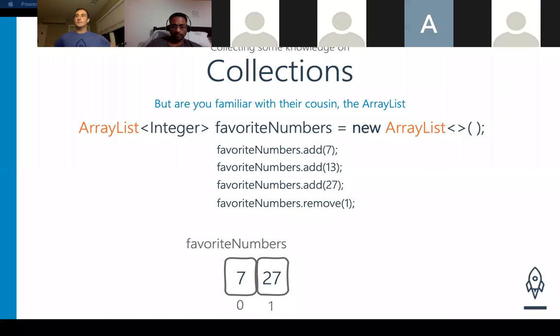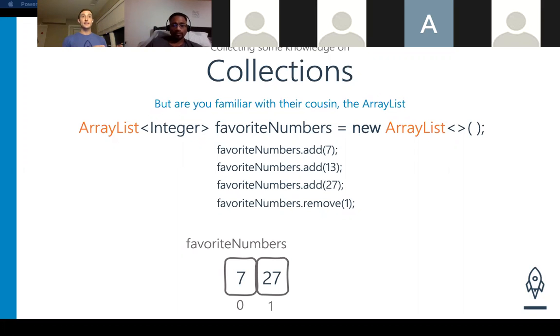I have a question. Why is it that favorite numbers dot add 7 refers to the integer you want to add into the array, but favorite numbers dot remove 1 refers to the index? So what if I added 2 7s into my favorite numbers array list? It would be very hard to tell exactly what index I want to remove it at.